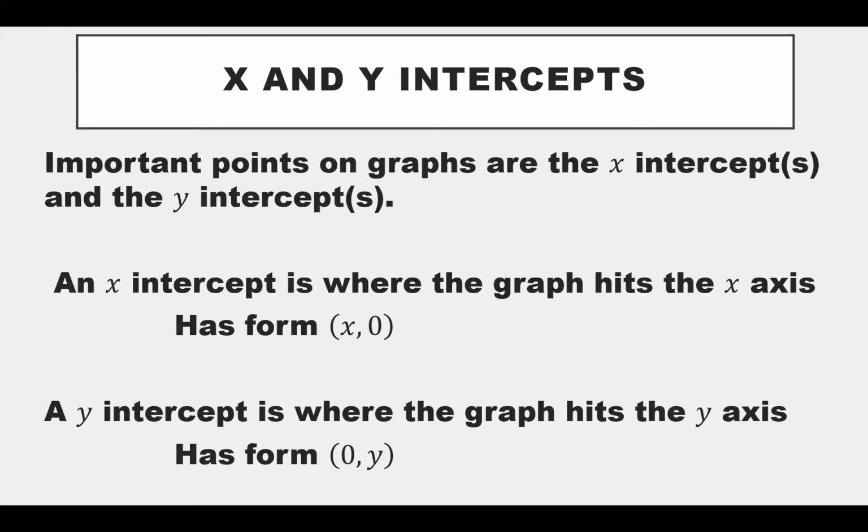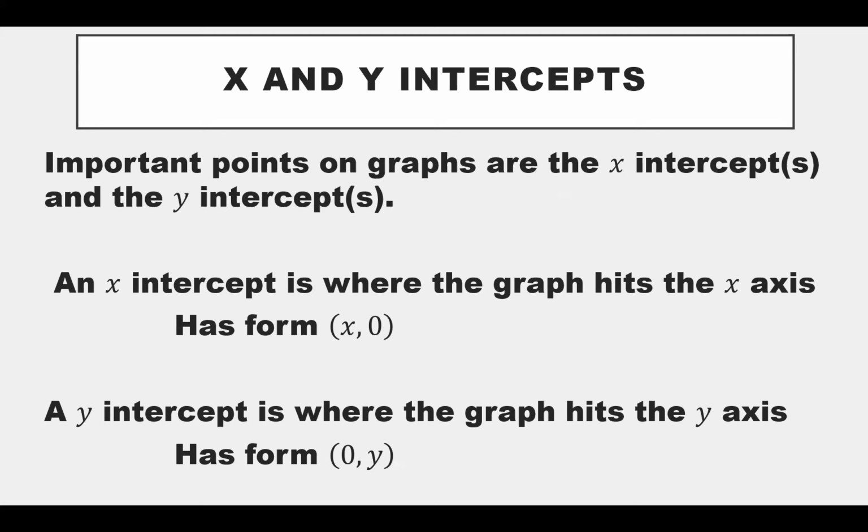An x-intercept is where the graph hits the x-axis. Now, if it hits the x-axis, the point will have the form x comma 0, because all points of that form are the points on the x-axis. If it had a y value other than 0, then it would not be on the x-axis.